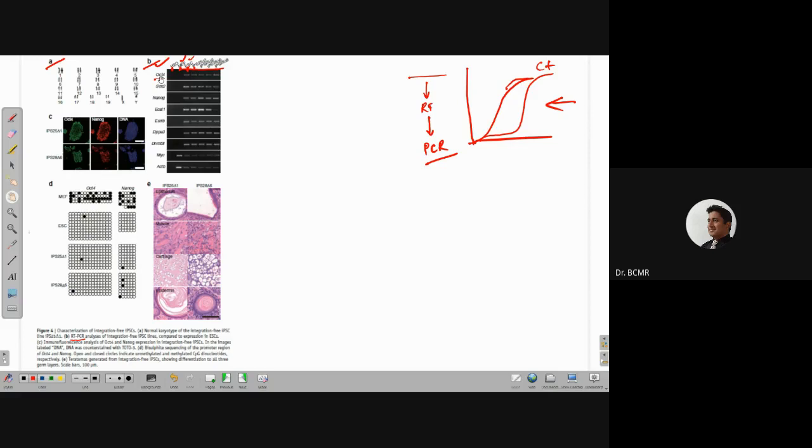So OCT4 mRNA is equal in concentration with what one would identify from embryonic stem cell, and it is not present in mouse embryonic fibroblasts. SOX2 is also present in all the cell lines, artificially that is induced pluripotent cell lines. NANOG is so, with other transcriptional regulators, including DNMT and so on.